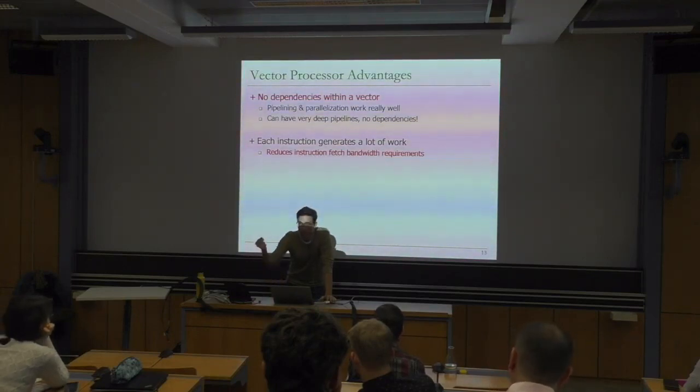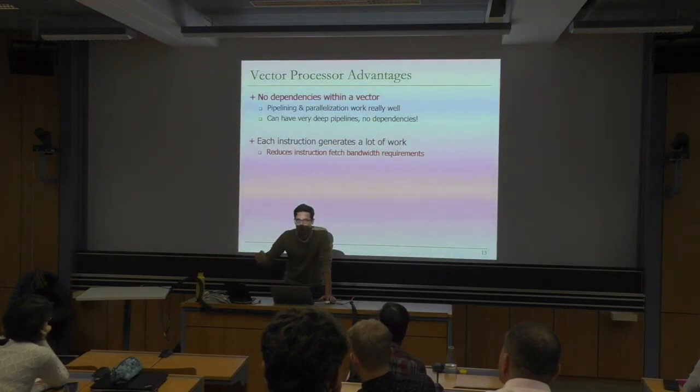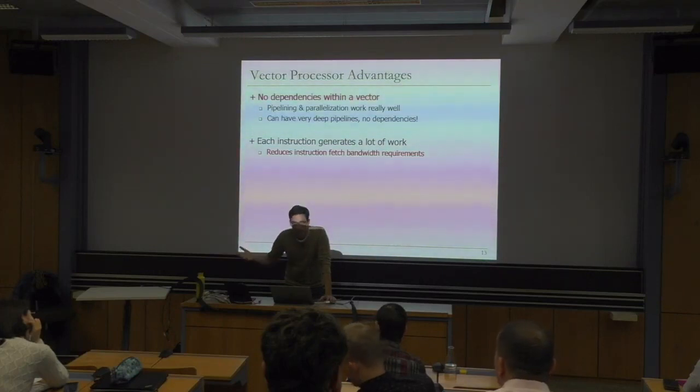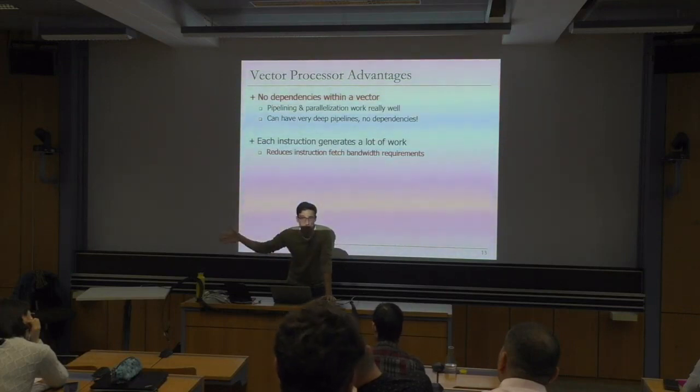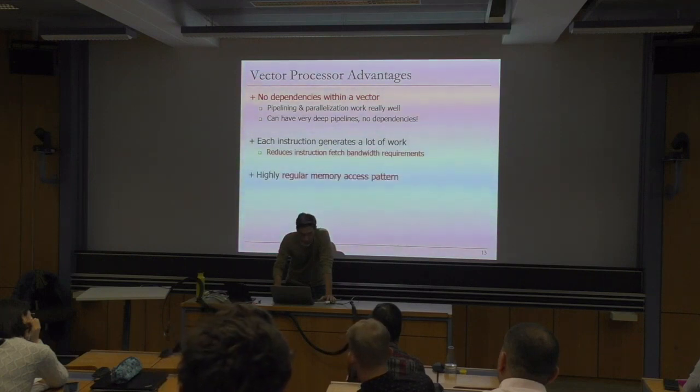Because I only need to read one instruction from memory to operate on, for example, 50 elements. In a conventional sequential machine, you need to go to memory to read instructions for operating on every single data element. In this case, we are just fetching one instruction from memory to operate on multiple data elements. So from that point of view, this is more efficient.